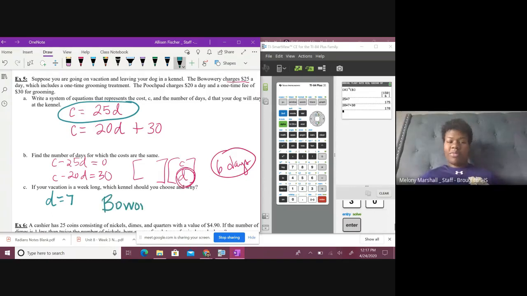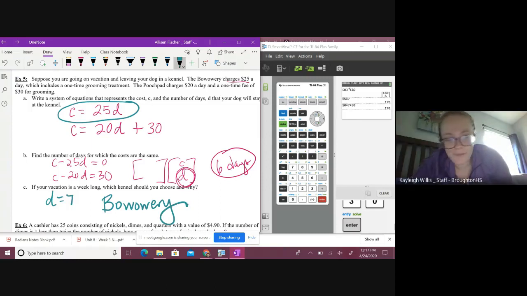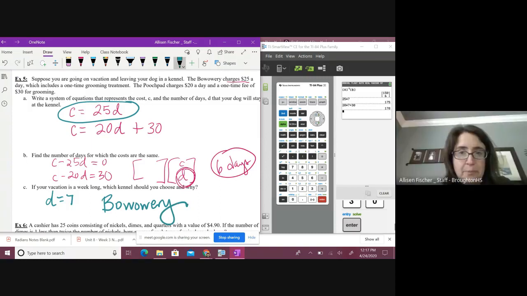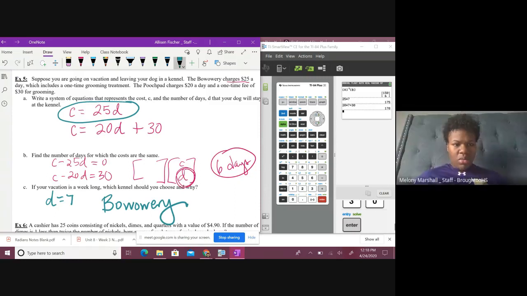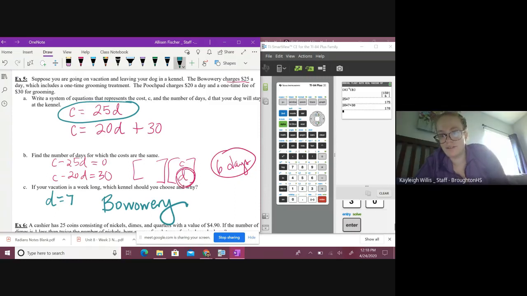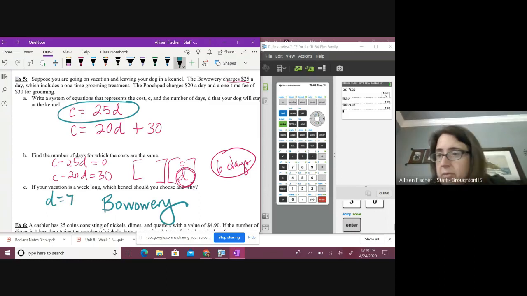Roof, roof. Bow wow wow, yippee yo, yippee yay. Wait, I'm confused. It says that the Bow Wowery costs $175 at 7 days, and that the Pooch Pad only costs $170. Wouldn't I go to the Pooch Pad? Oh, I'm not looking right.